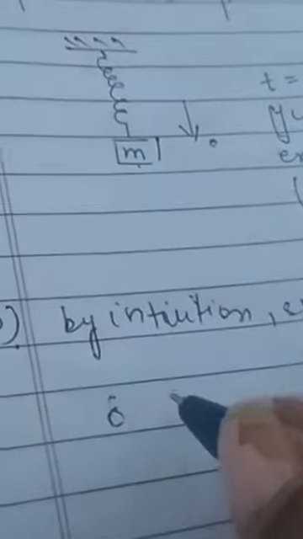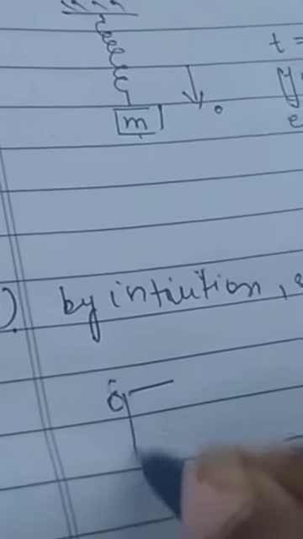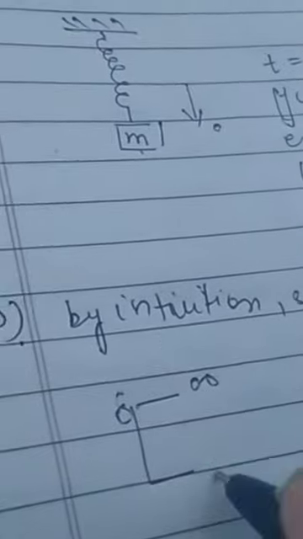Now we have been asked the second part of the question, to sketch the graph by intuition. First we will discuss what the Dirac delta values simply stand for. Dirac delta gives us two values: it can be either infinity or 0. Infinity when t is equal to a, and 0 when t is not equal to a.